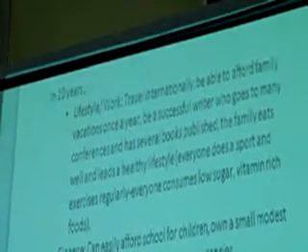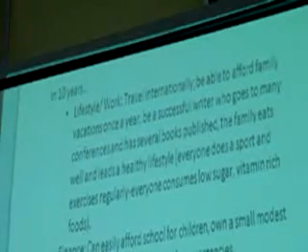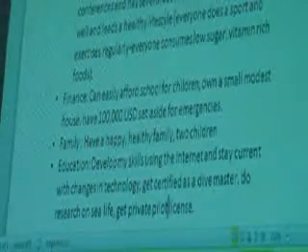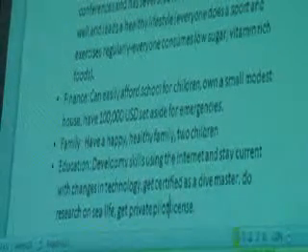The family eats well and leads a healthy lifestyle. That's actually really expensive. Because when you think of not buying processed foods, buying fresh foods, that's kind of expensive. So everyone does a sport, exercises regularly, and everyone consumes low-sugar, vitamin-rich foods.